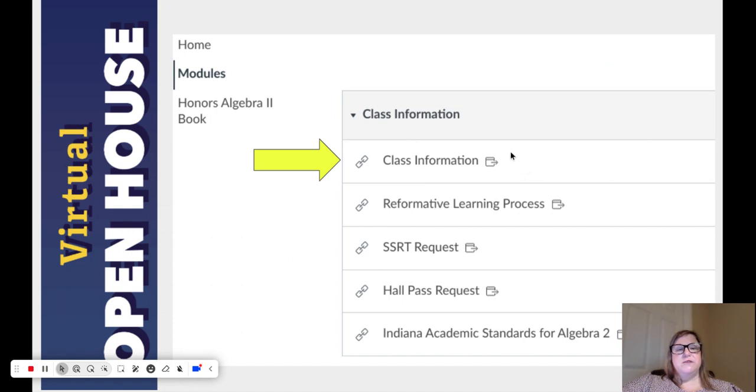If you'd like more specific class information, you can find that within the Canvas module. I only have 2 Canvas modules. One is the daily agenda and assignments that we just looked at, and this is the second one that gives our general class information.